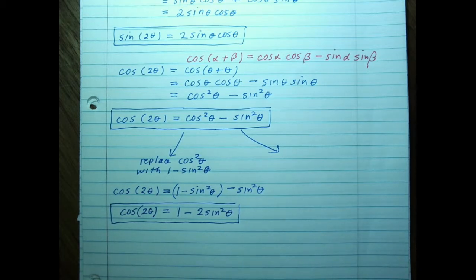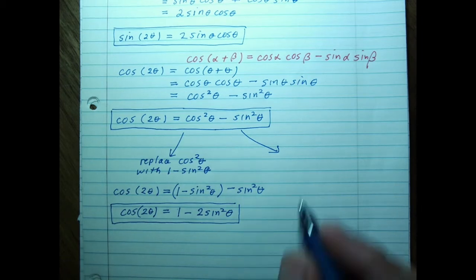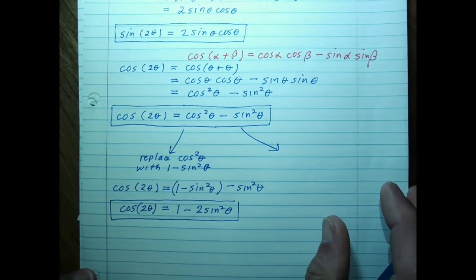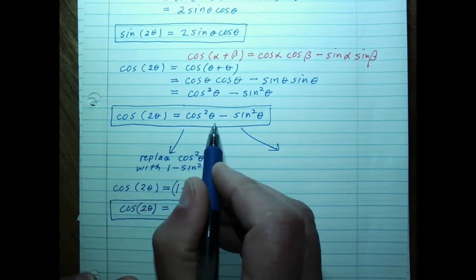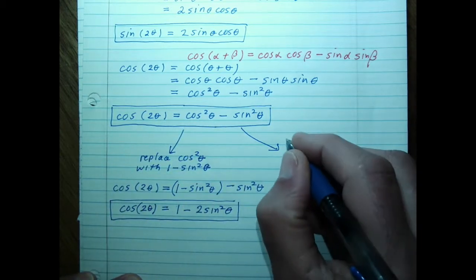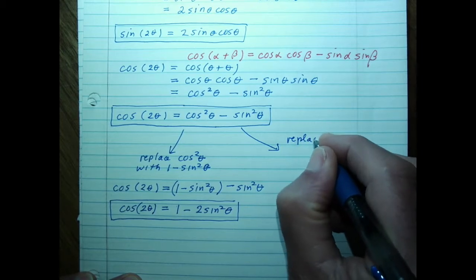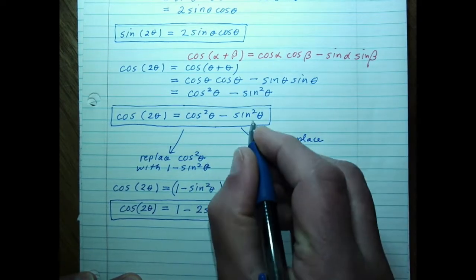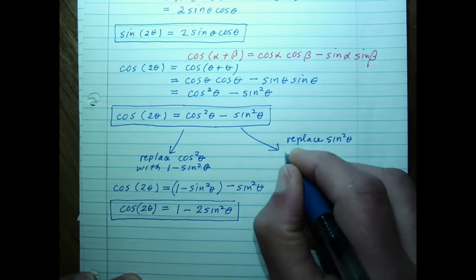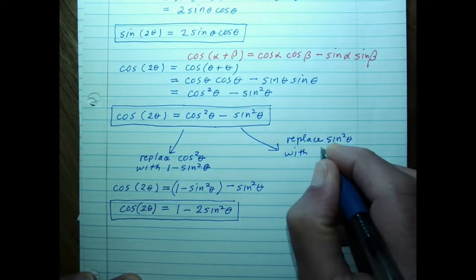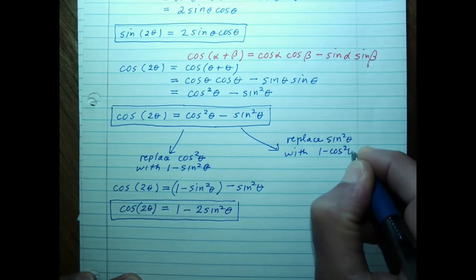And now we're going to come up with a third version, because we just can't get enough of this. I'm going to take that same original double angle identity for cosine, and I can do the reverse here, sort of. I can replace sine squared theta with 1 minus cosine squared theta.